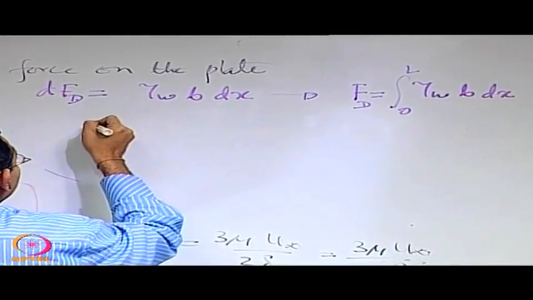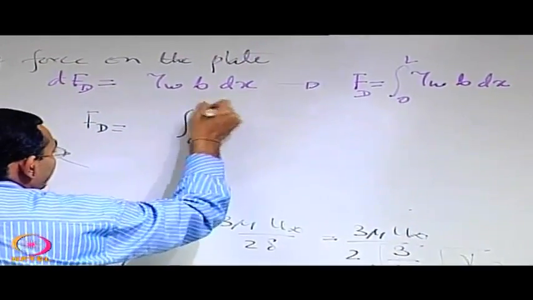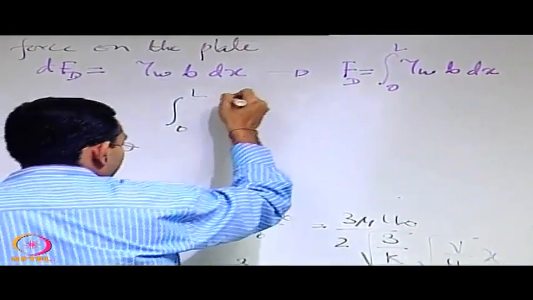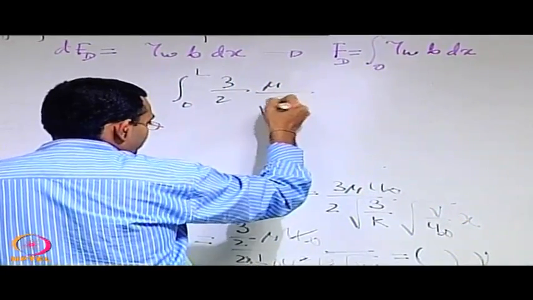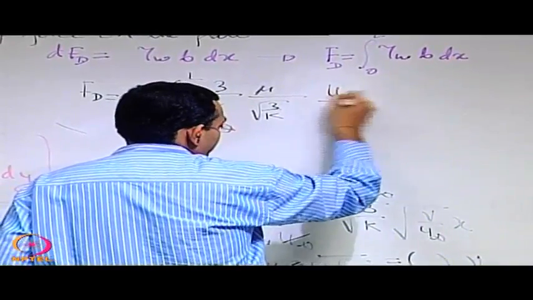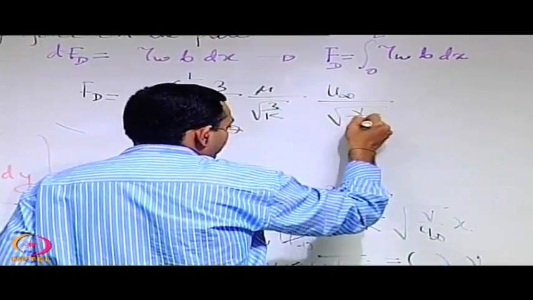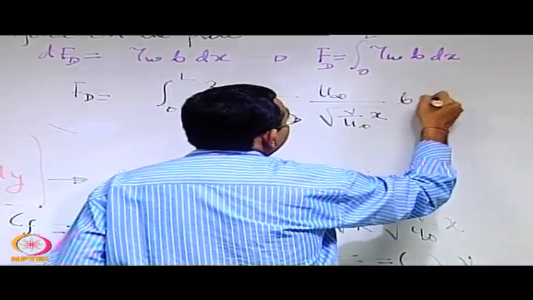So Fd, let us write the integral 0 to L, and in place of tau wall we will write 3 by 2 mu by square root of 3 by k, u infinity divided by nu by u infinity x, into B into dx.